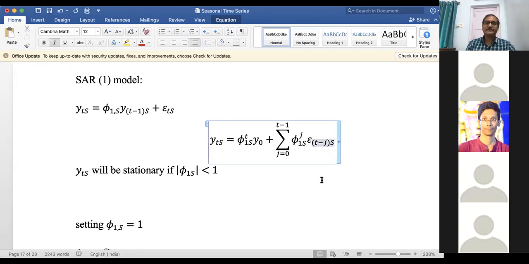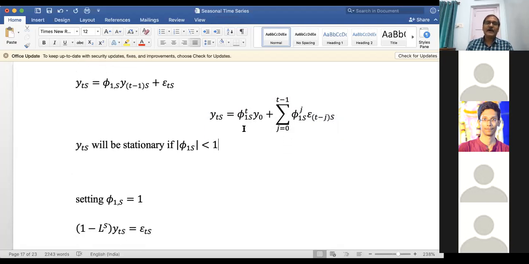It's like this. Now in this expression, if phi 1s is less than 1 in absolute terms, the homogeneous part will tend towards 0, and this expression will be converging when phi 1 is less than 1. And in that case, yts will be stationary.